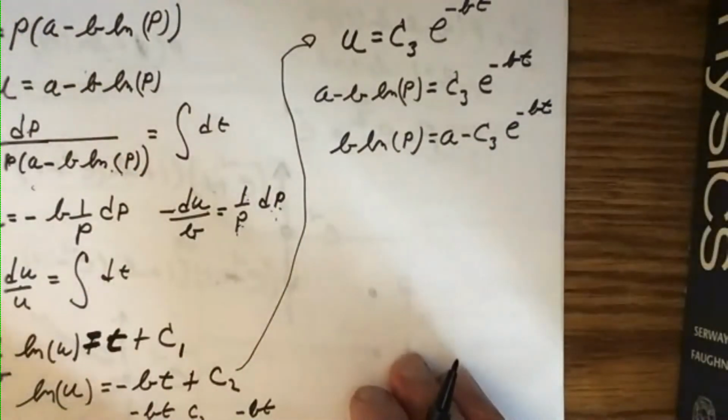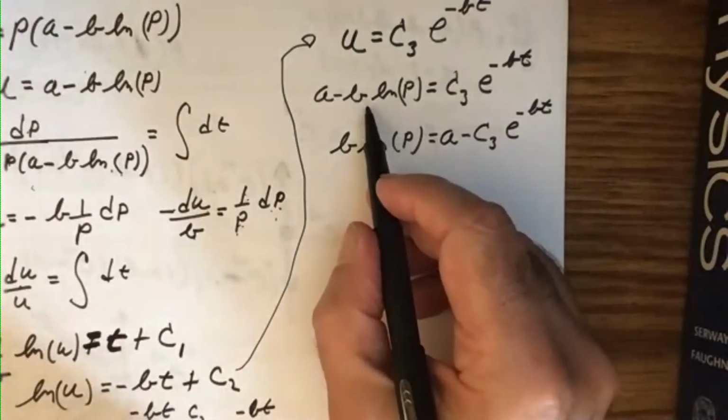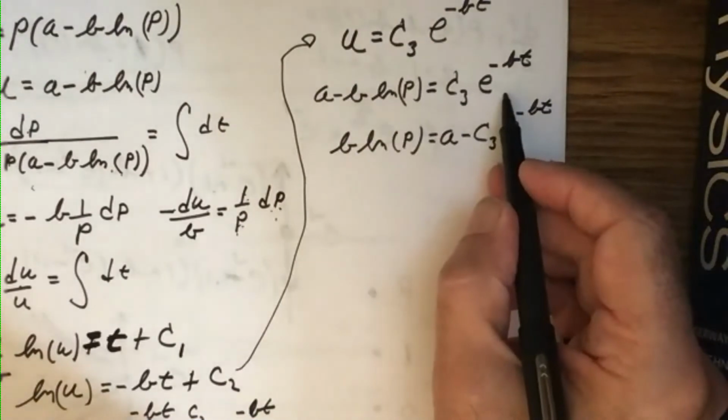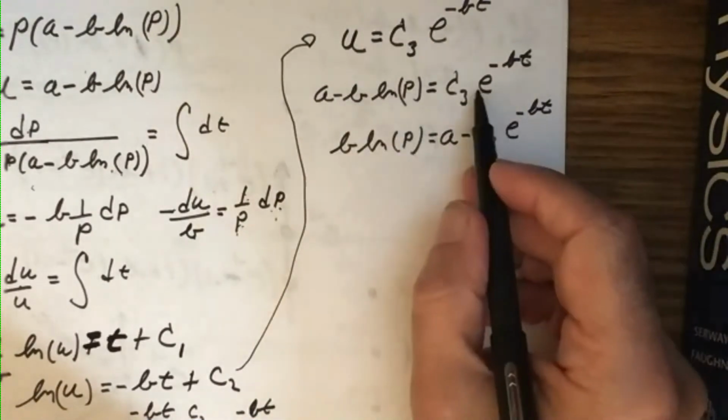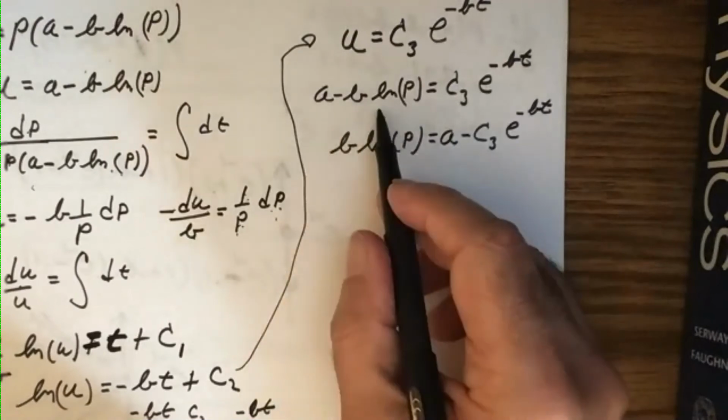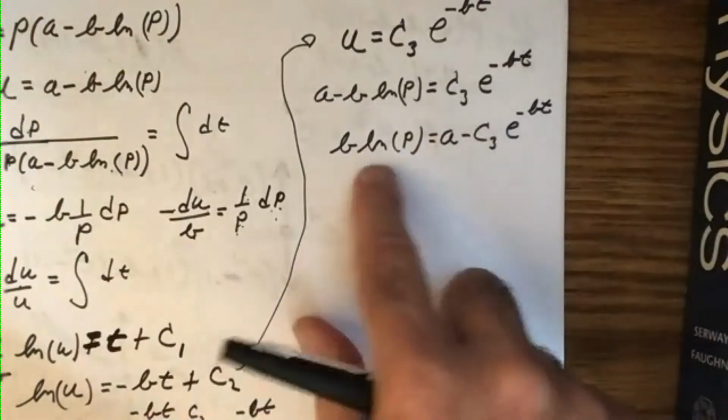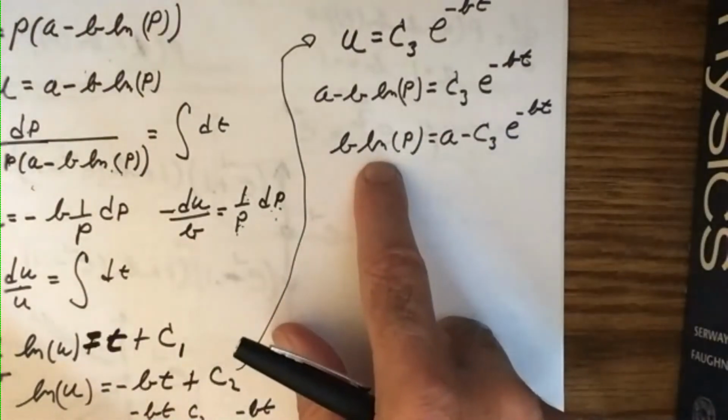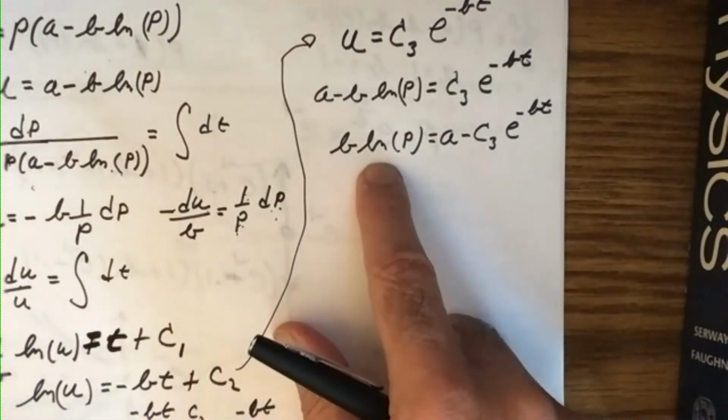Right. If I was to bring this over to this side, it becomes plus, right? This becomes plus. Bring this over to this side, this becomes minus. But then I want to solve this for p. So what I'm solving for, I like to have it on the left-hand side.